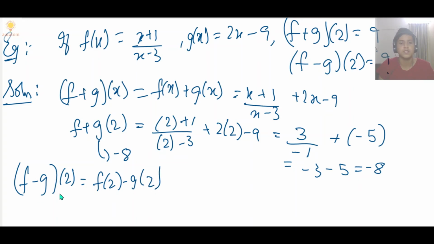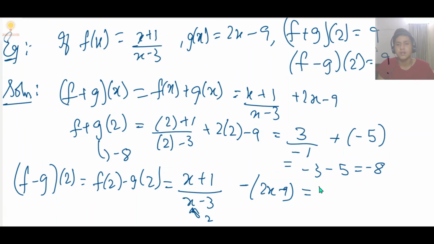Since f minus g of x is f of x minus g of x, f minus g of 2 is f of 2 minus g of 2, which is x plus 1 by x minus 3 minus of 2x minus 9, where x equals 2 here. So let's substitute 2 in here. We get 2 plus 1 by 2 minus 3 and minus 2 into 2 minus 9, right?